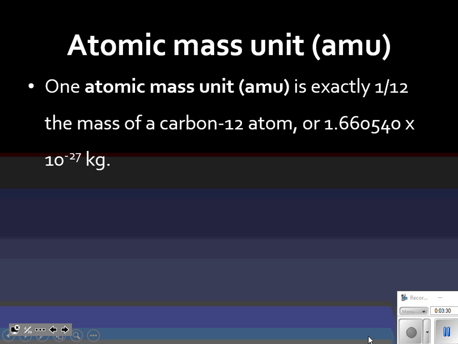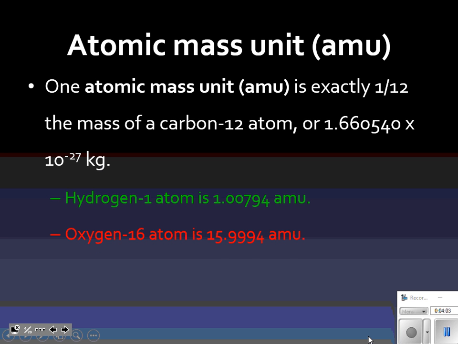An atomic mass unit, by definition, is exactly 1/12 the mass of a carbon-12 atom. That mass is 1.660540 times 10 to the negative 27th kilogram. So that is how much 1 AMU weighs. It's a very small number.